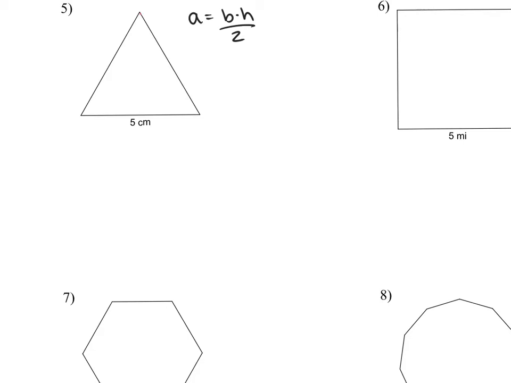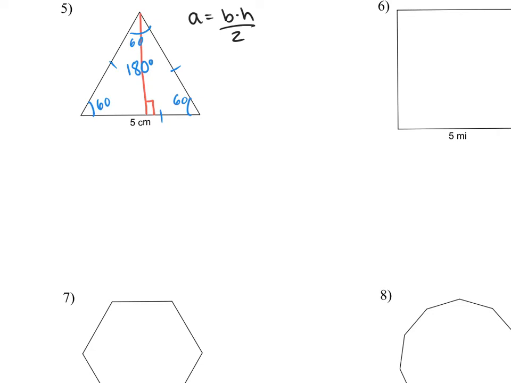Let's go ahead and draw our height down this line. I know that all three angles of a triangle have to add to 180 degrees, and I know that these are congruent because this is a regular or equilateral triangle. That means that each of these must be 60 degrees.